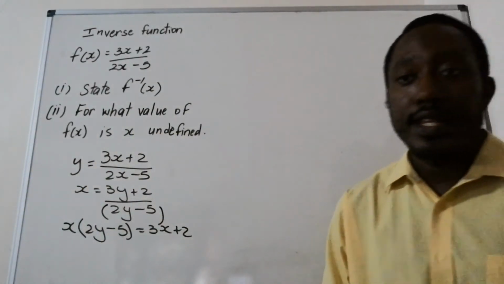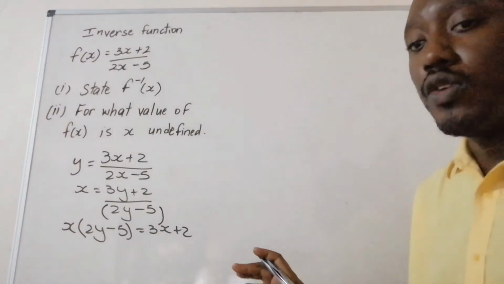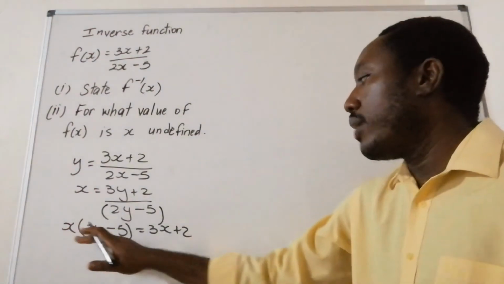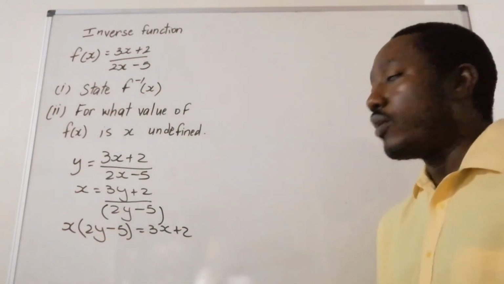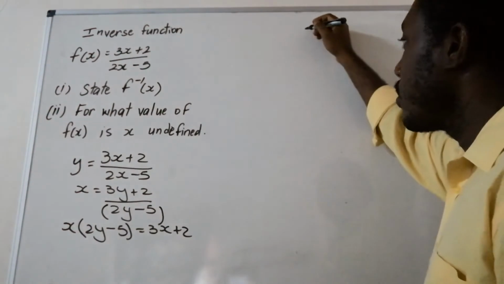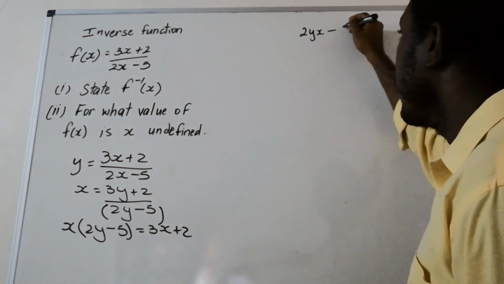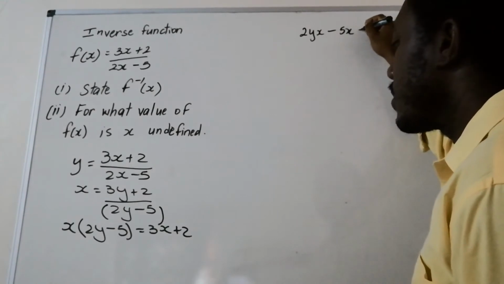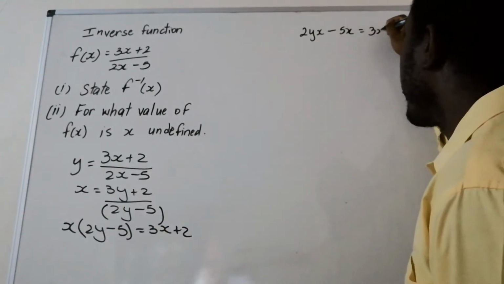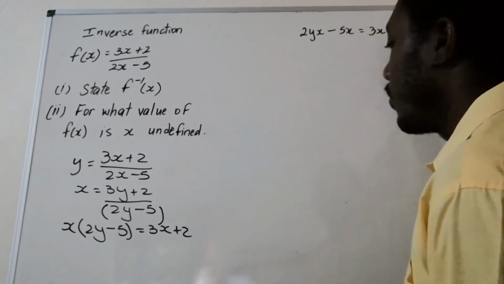Now, next thing we will do is remove our brackets. We will multiply throughout by x, removing our brackets. So next we will have 2yx minus 5x is equal to 3y plus 2.